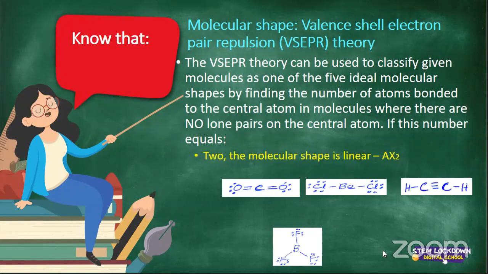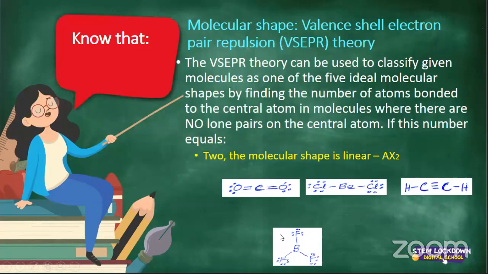So here we are taking the case where there are no lone pairs on the central atom. The first type of molecular shape is the linear shape. Carbon dioxide is a linear molecule, beryllium chloride is a linear molecule, and also ethyne is a linear molecule.